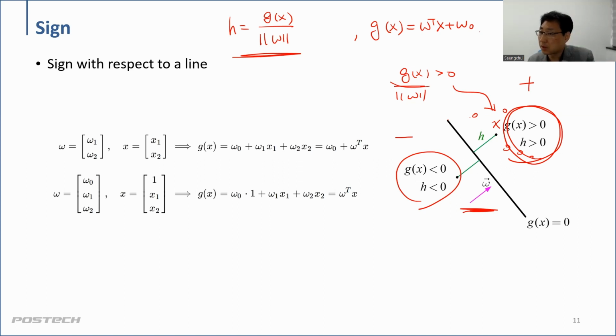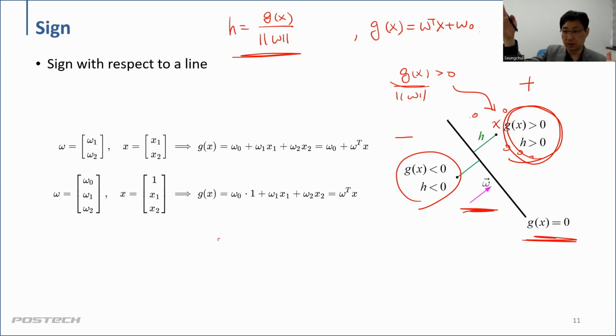You guys remember we started from the binary classification problems. So in the linear classification boundaries, we want to find g of x equal to zero to satisfy all the data points, so that data points belonging to one class are positive and the other are negative.